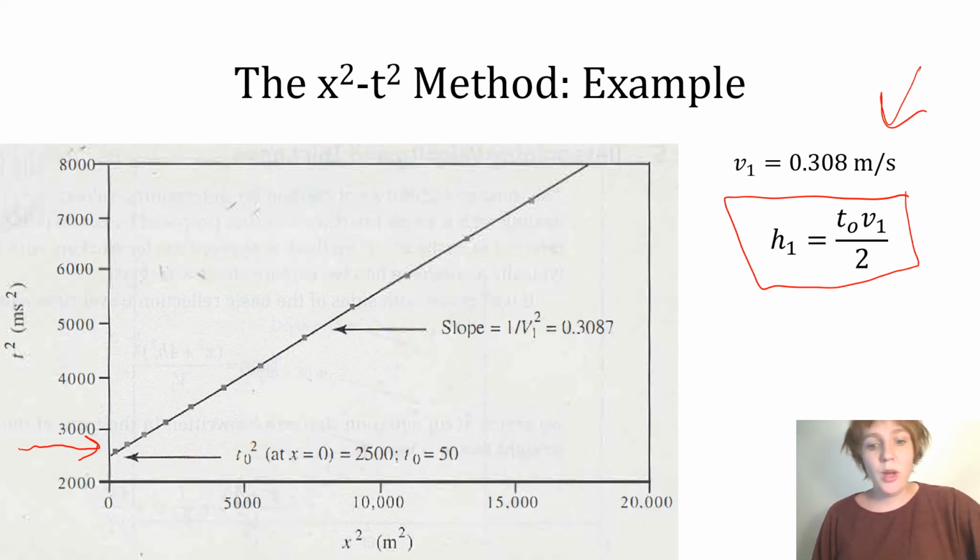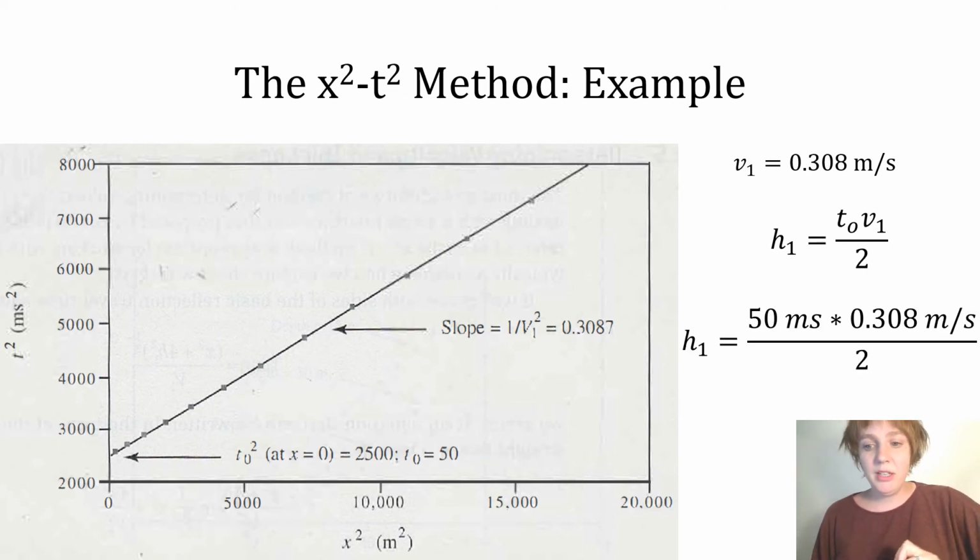We take the square root of that, and we have our intercept time. We can plug that number right in here, so this is going to be 50 milliseconds times 0.308 meters per second divided by 2, and that is going to give us our thickness of the layer that this reflected ray traveled through.